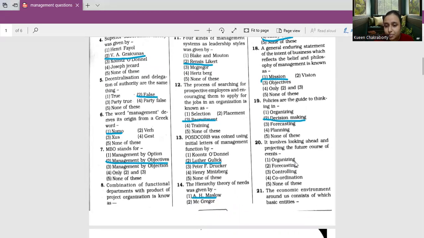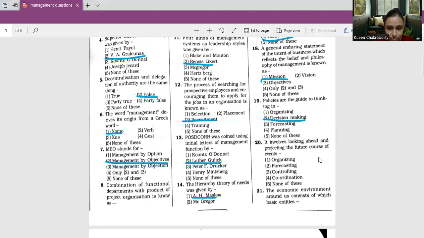Next, coming to question number 20. It involves looking ahead and projecting the future course of events: organizing, forecasting, controlling, coordination, or none of these. Now, it's a very simple concept. Organization does not look into the future course of events.